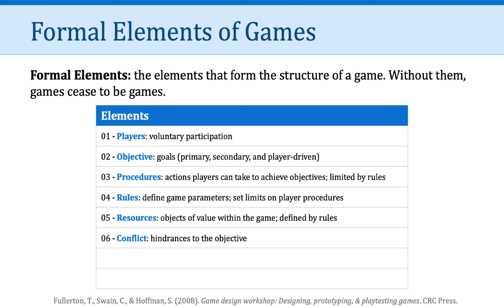It shouldn't be something that you can complete unencumbered, and it shouldn't be just a straight path. So conflict is a very important element in games, and conflict can come from the game world itself or the game system, as well as other players, and we'll be talking more about conflict in the future.